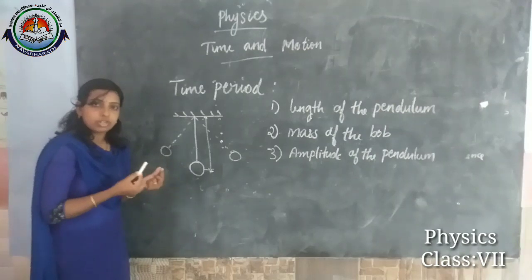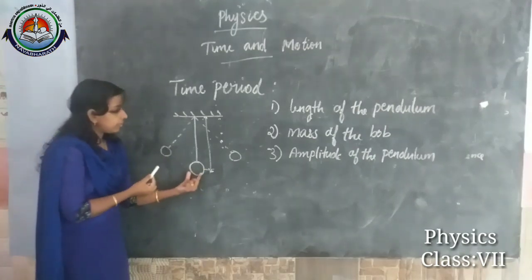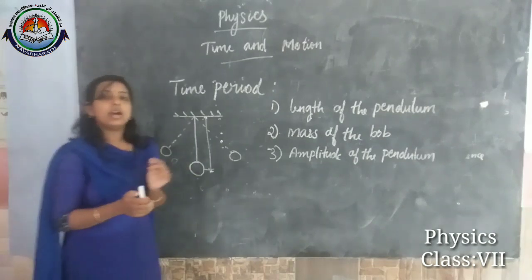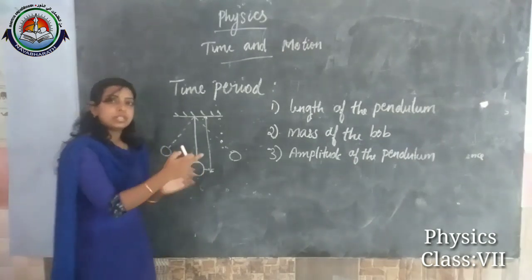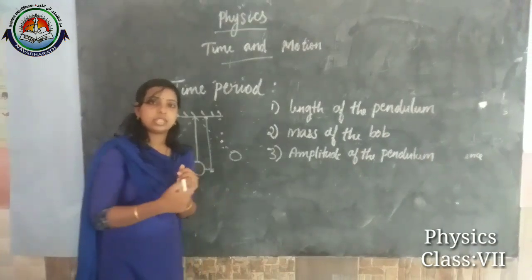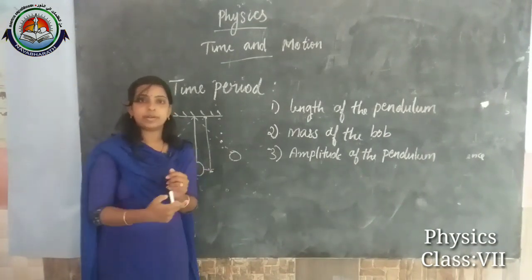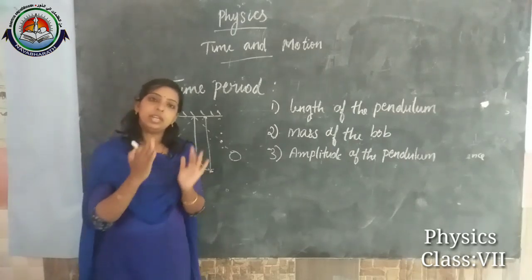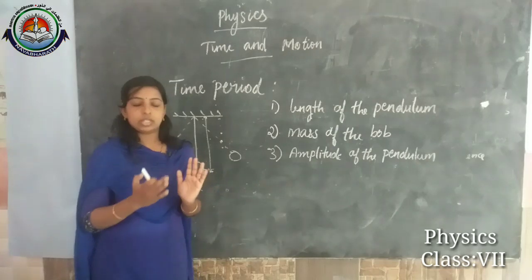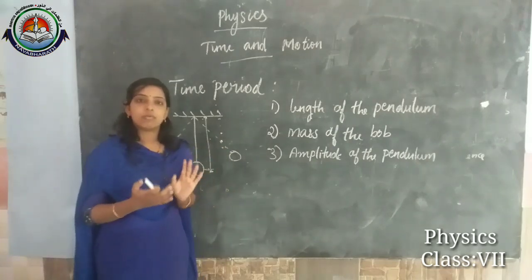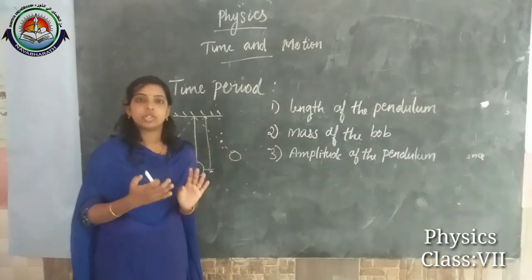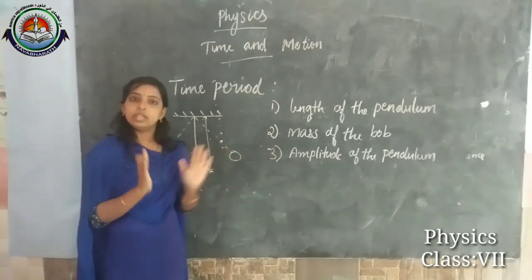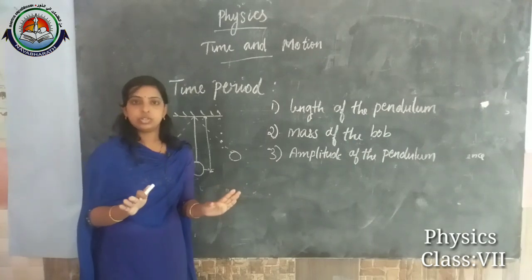One we take from this side and the other one from the other side. That time what will happen? There also you can see that both oscillations are similar. So the time period for that oscillation will also be the same in both cases. If we release the bob from different angles or different positions, then also the time period will be the same. There is no change.